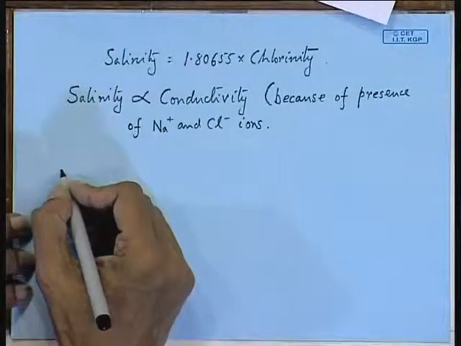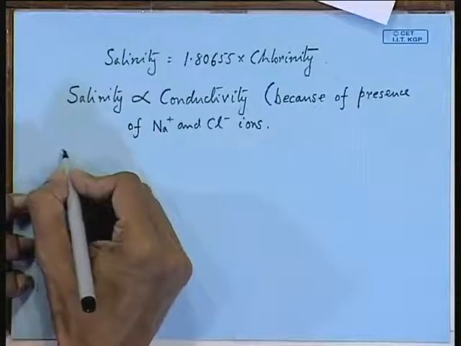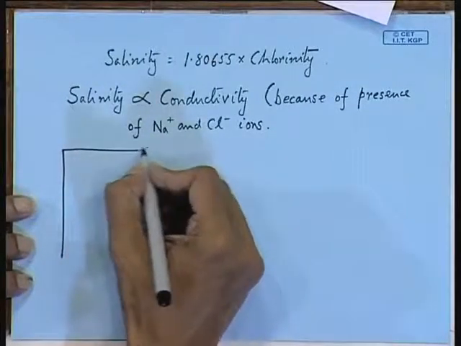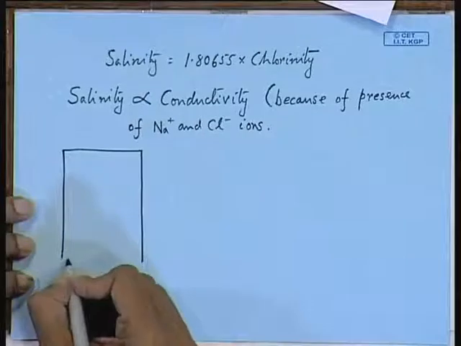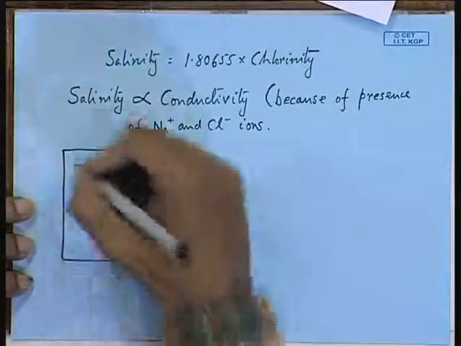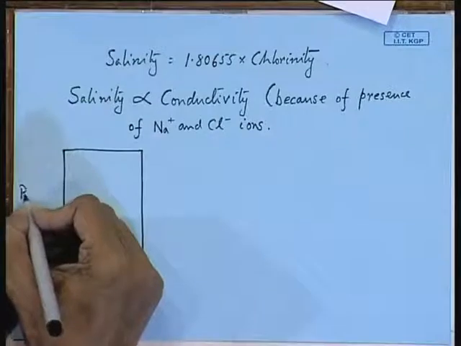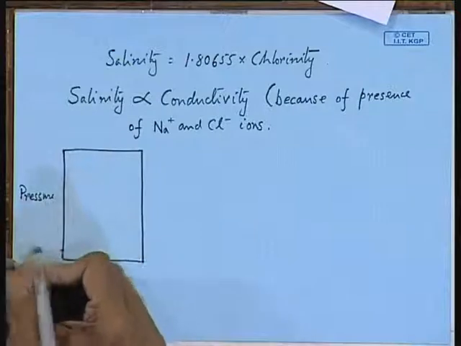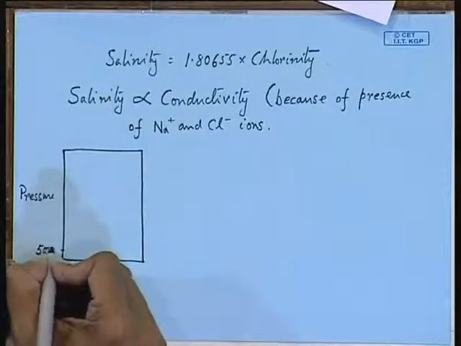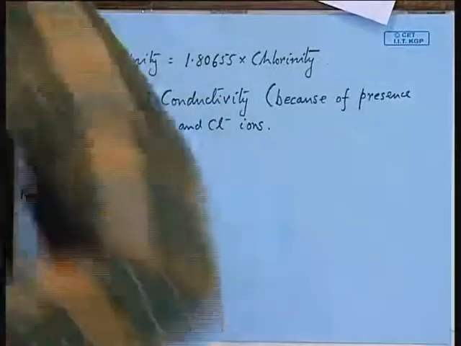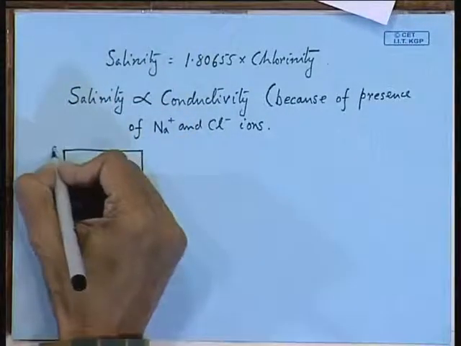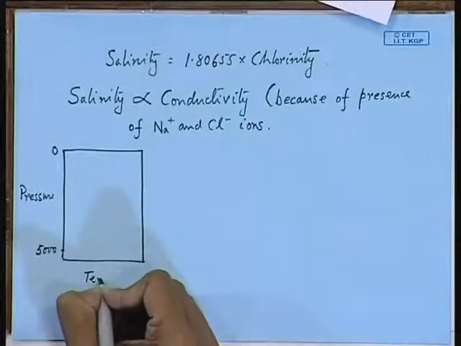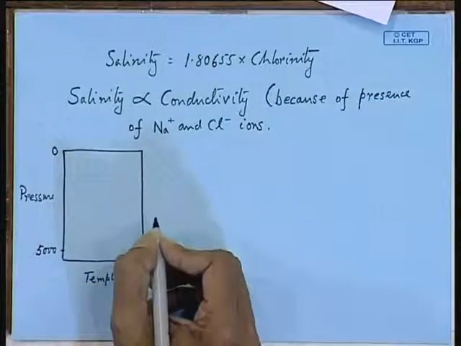So if you look at the graphs, you get like this. These were given to you to some extent in your earlier class. Now, this is the pressure. So pressure variation, 5000 here is given. Pressure is 0 at the surface, and your temperature is given from 0 to 20.